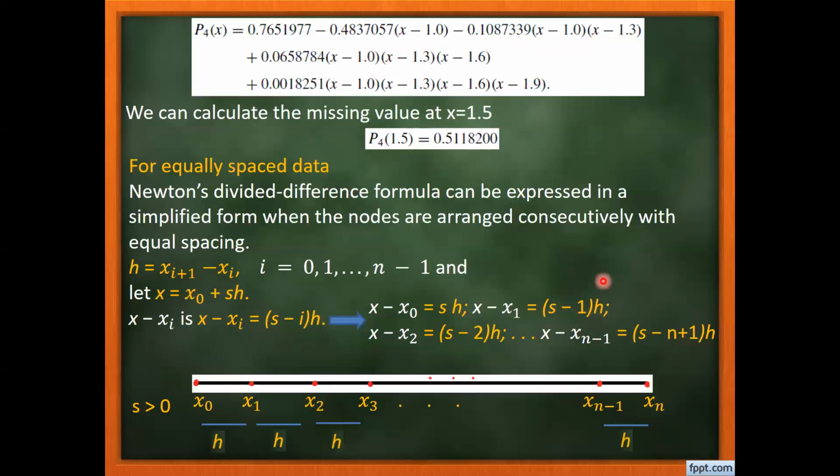This means I can reduce my labor work. So in this case, as we know that x0 is the leftmost node value, s should always be greater than 0 to approach the next node values.